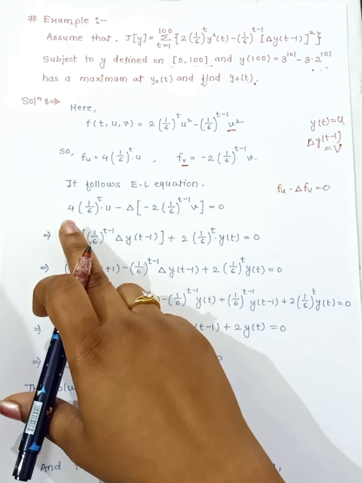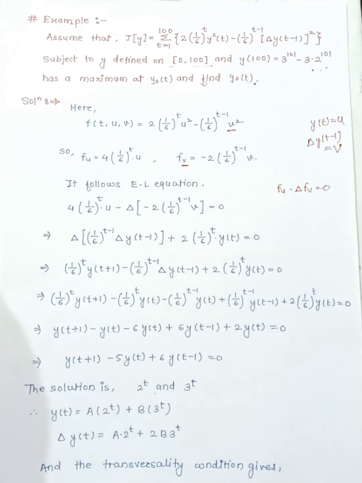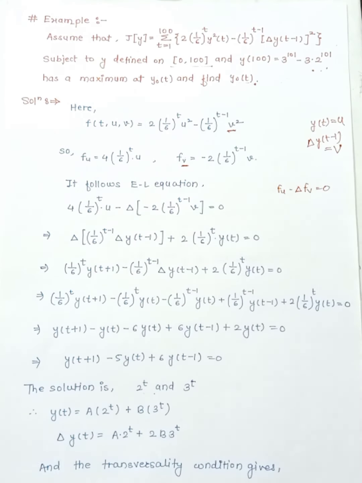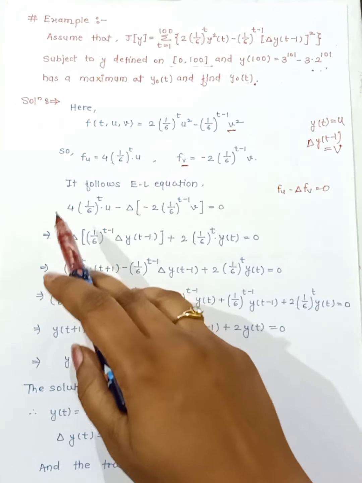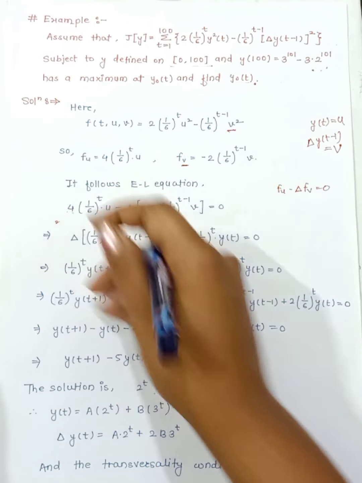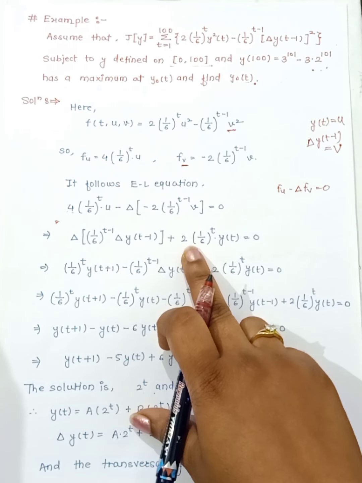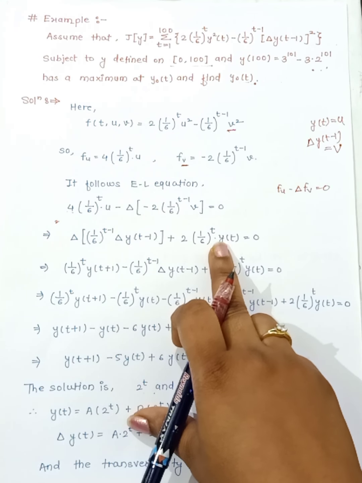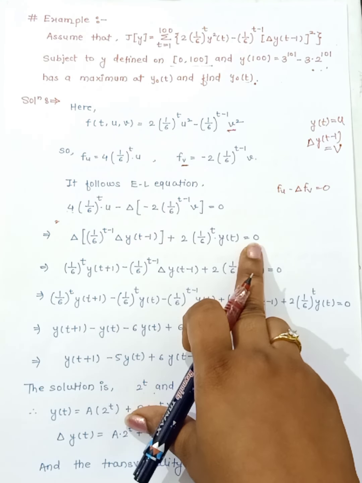So we will take 2 outside and shift it to the right hand side. So 2 will vanish and 4 will be divided by 2. So we have 2 left here and (1/6)^t, and in place of u we have taken y of t, equals 0.